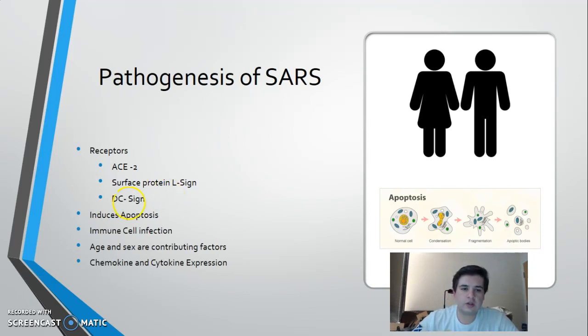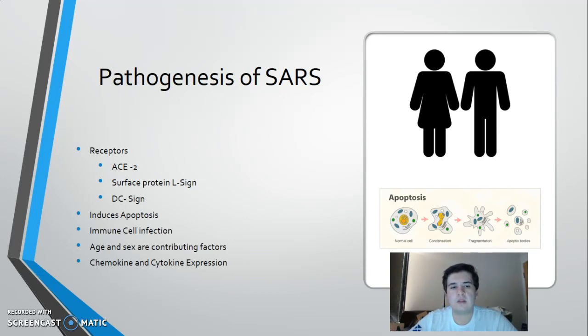Now, immune cell infection is also tied into chemokine and cytokine expression. They found that the SARS virus has the potential to infect immune cells, both the innate and the adaptive system. And they found that destruction and killing of these lymphocytes and leukocytes would really upregulate the expression of chemokines and cytokines, especially chemotactic cytokines, ones that are able to destroy pathogens or damage cells.